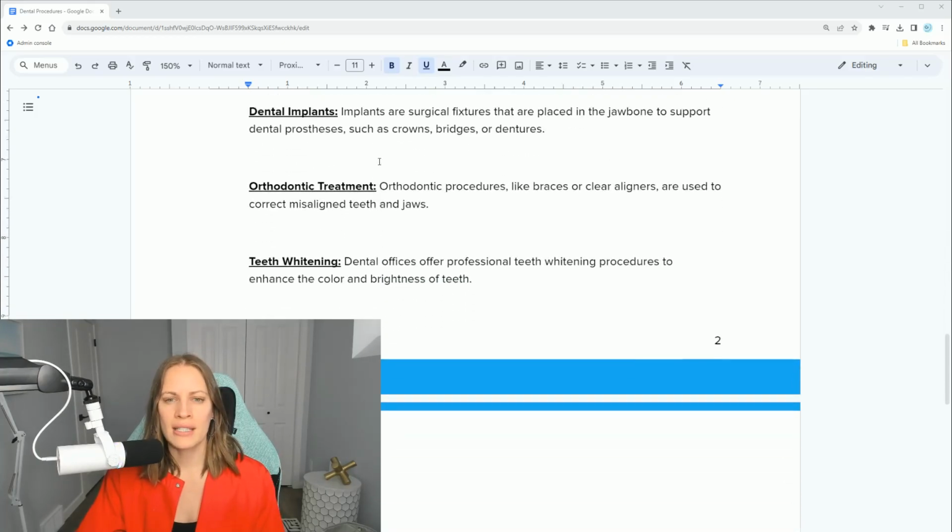Orthodontic treatment, kind of the same thing as well. A lot of dentists don't do orthodontic treatment because depending on where you live, they need to be referred to what's called an ortho specialist, which is an orthodontist. So they specialize, they go to school for a lot longer, 3 or 4 years to become an orthodontist.